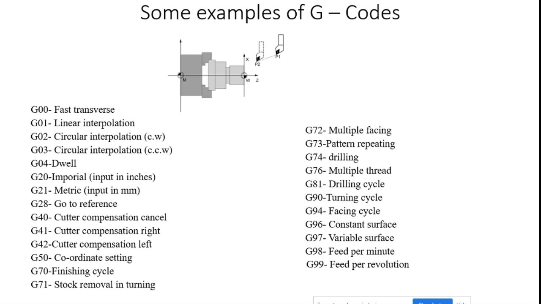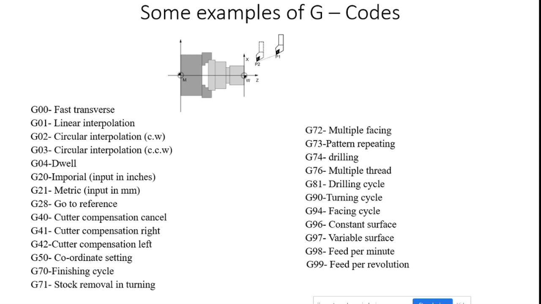And then cutter compensation is available with G codes. What is meant by cutter compensation? After utilizing the same tool for continuous operations, the tool may wear out, so the tool diameter or tool nose radius will be reduced.